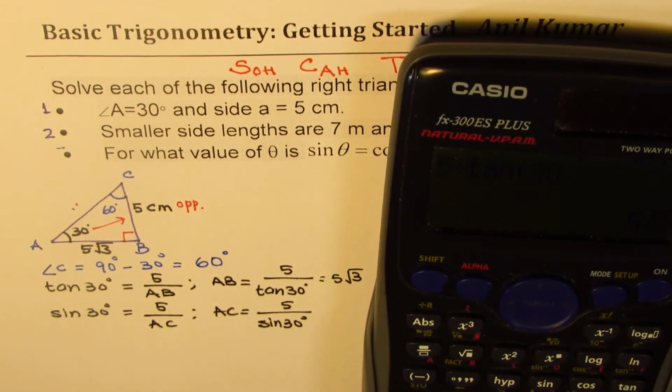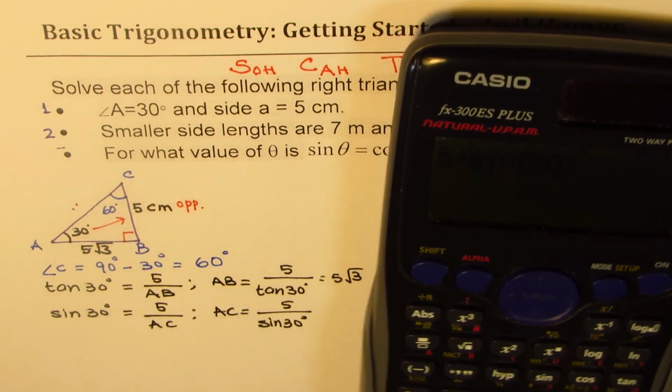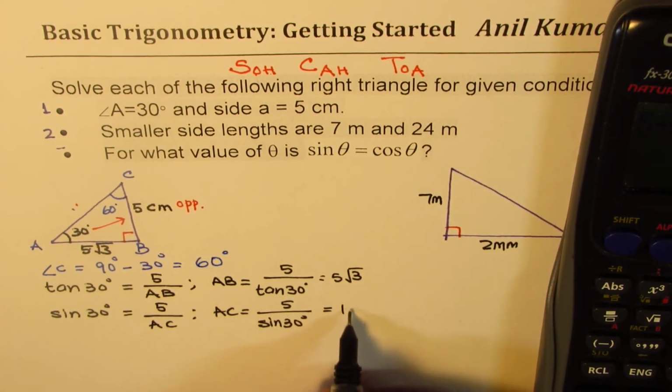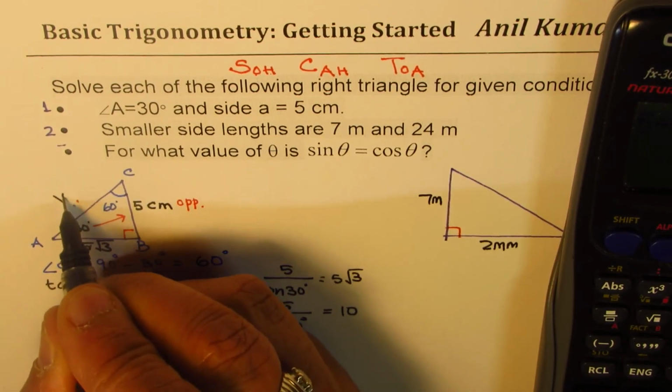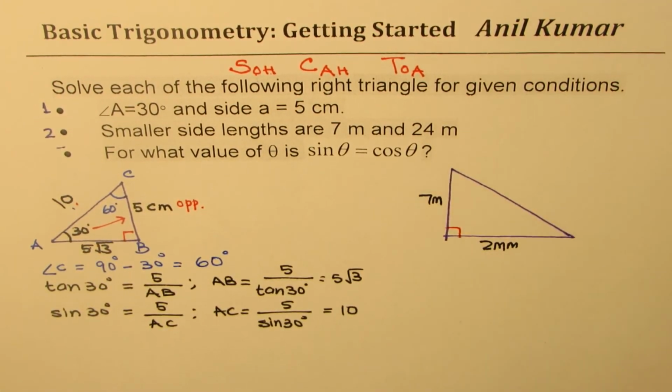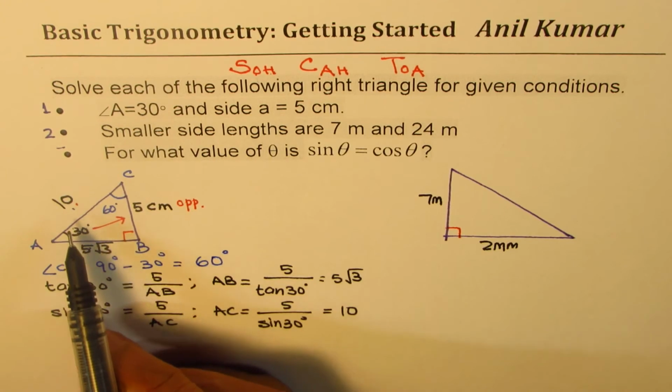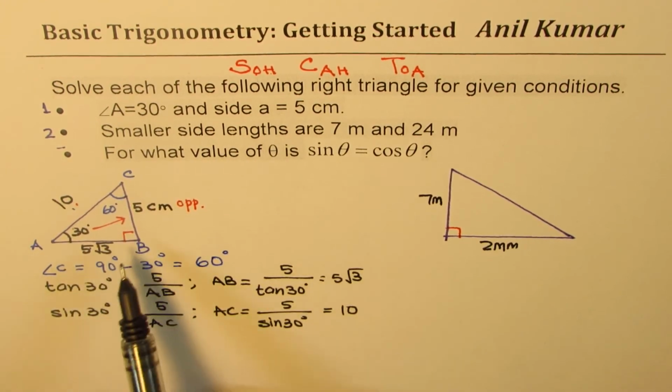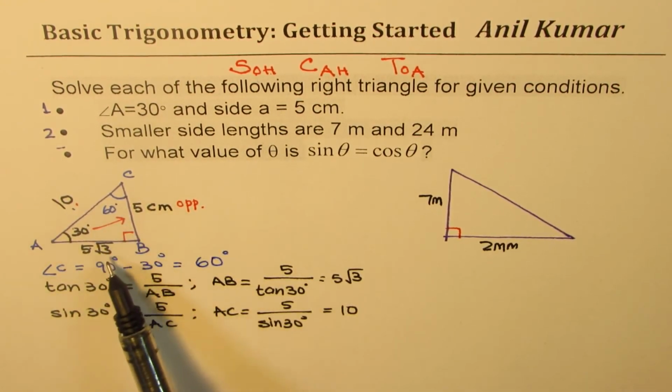Let's figure it out. So 5 divided by sine of 30 degrees is equal to 10. So we get this as 10. Now we did not use the Pythagorean theorem to find that side. We could have used it. But what you can do here is just check your answer.